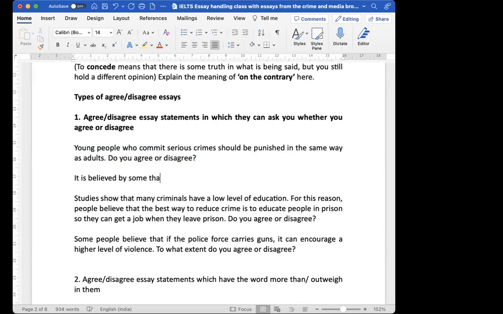It is believed by some that juvenile delinquents should be tried as adults. अब यहाँ पे tried का मतलब बताओ मुझे. What is the meaning of tried here?